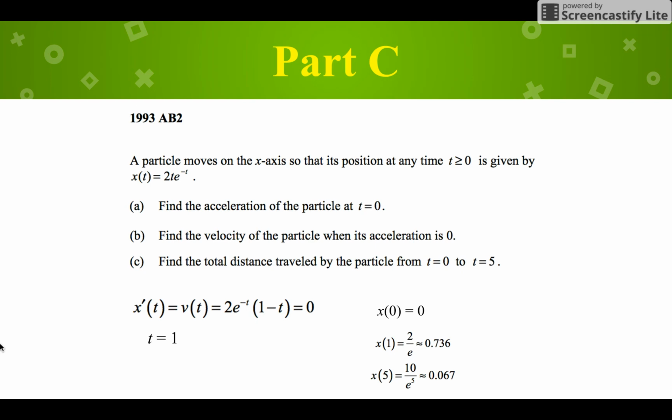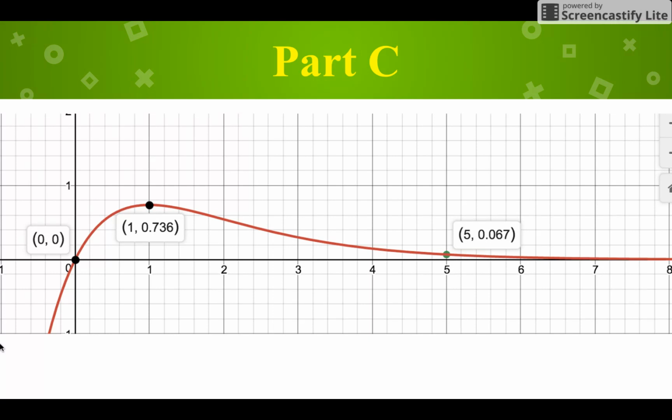Now we have our critical points, which are 0, 1, and 5. Think about it like 1 is your local maximum. That is when the slope changes from increasing to decreasing. If you look at this graph, 1 is going to be your local maximum.